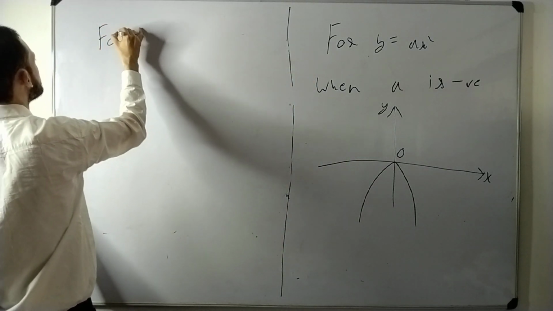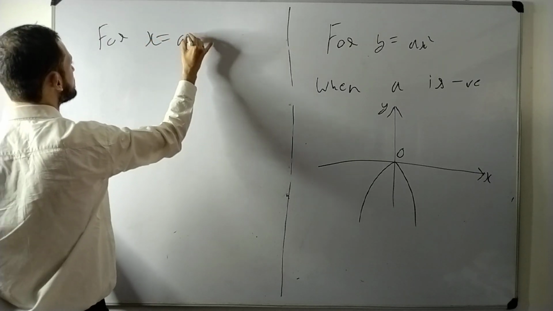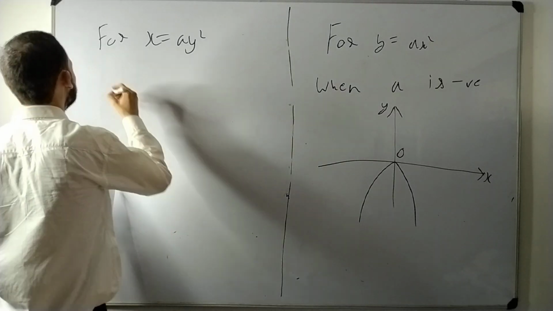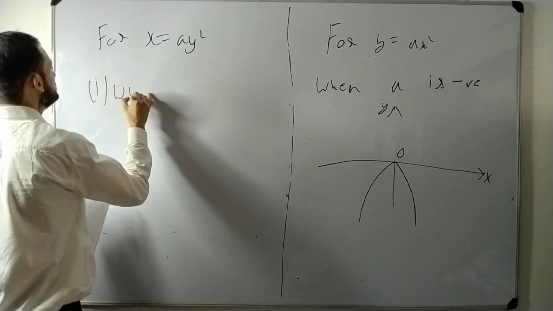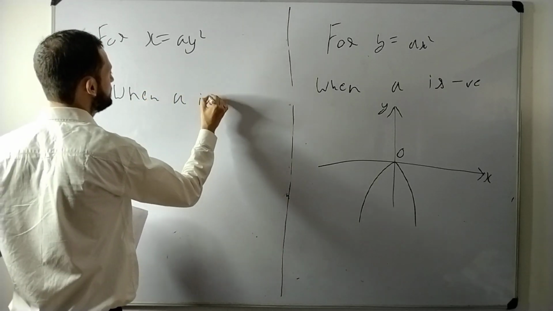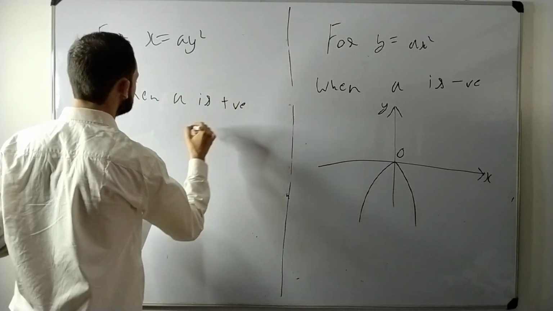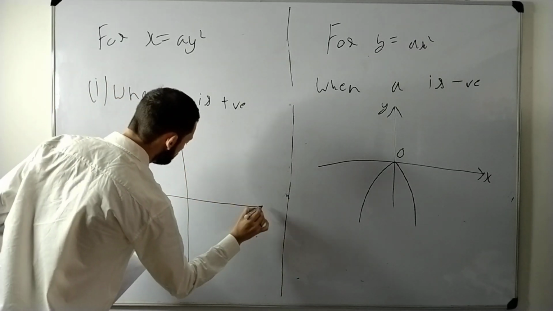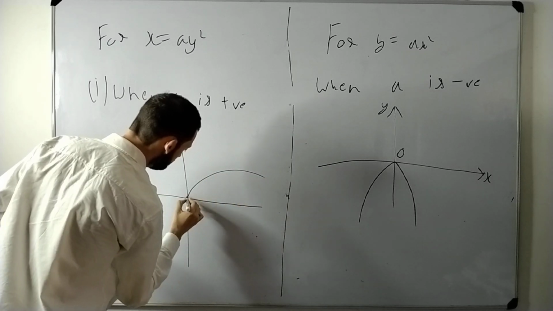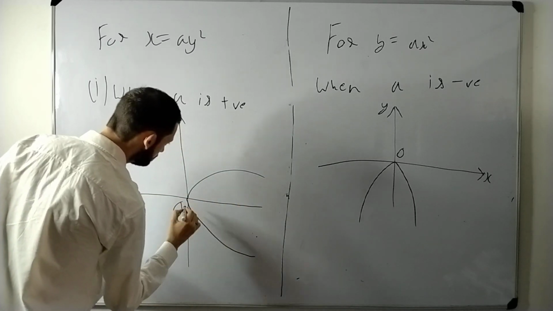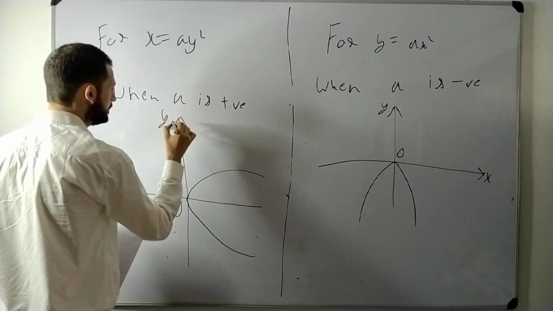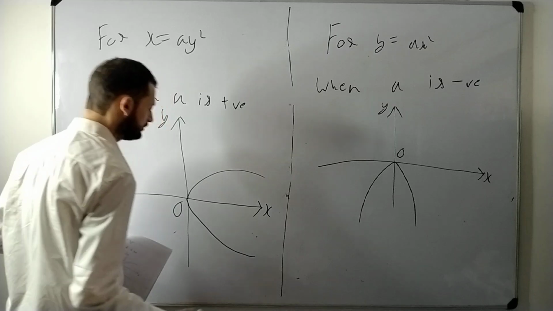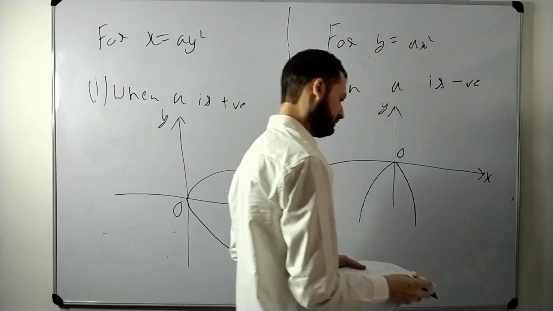For x equals ay square. Oh sir, this is even possible. Yes. When a is positive, how would be the graph? Yes sir, very nice. O, y, x, so this is the graph of it.